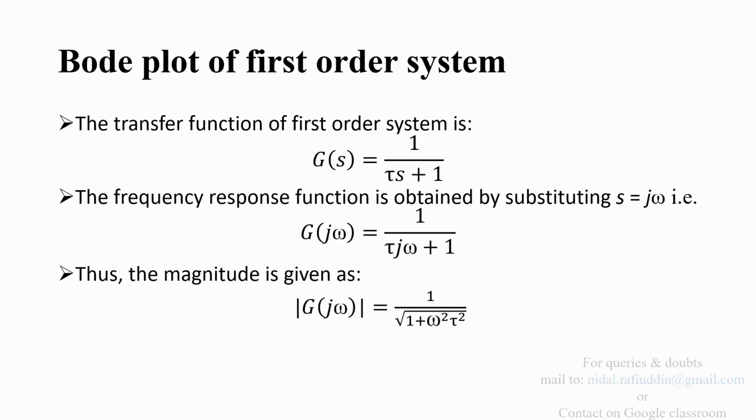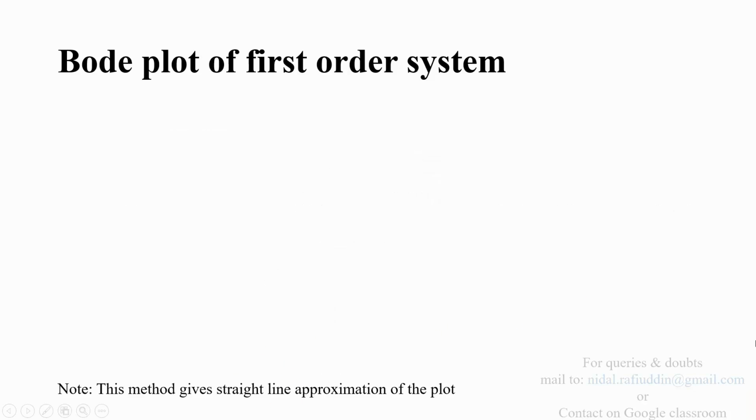And thus the magnitude is given as, if you find the magnitude of this function, 1 upon under root 1 plus omega square tau square. In decibels, this can be written as 20 log to the base 10 of magnitude as follows. So we obtain the magnitude in decibels.